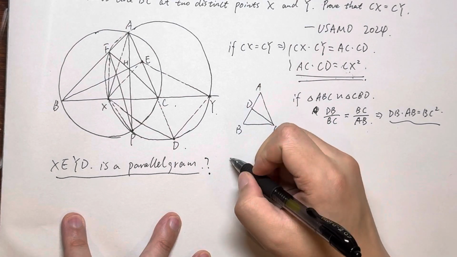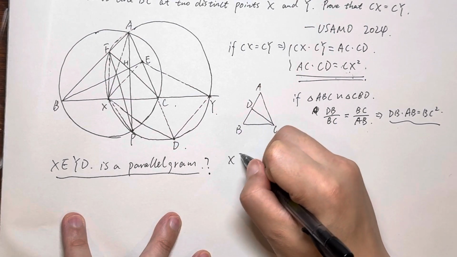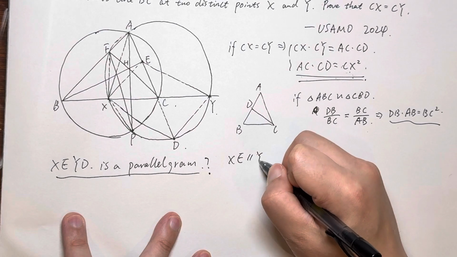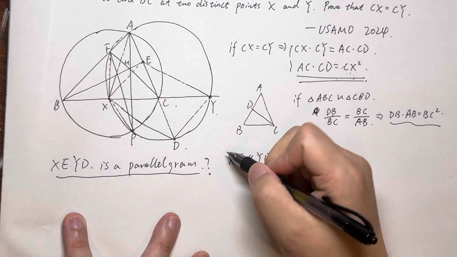So let's consider this. If we want to prove XE is parallel with YD, right? We want to prove this.